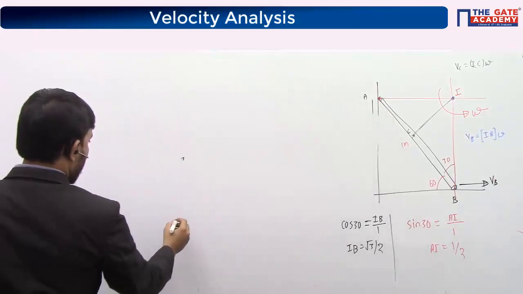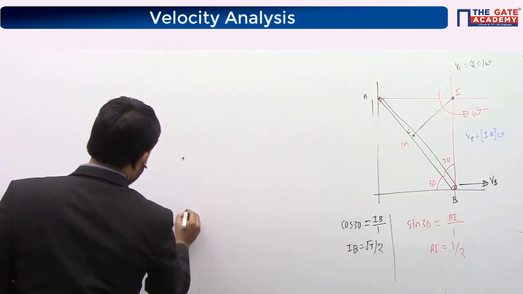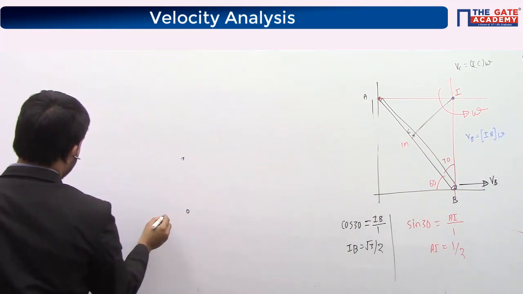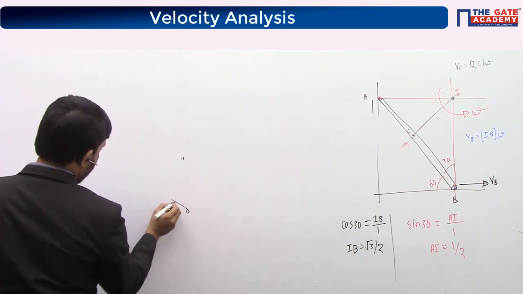So there is a rod. This rod is in general plane motion. It is neither in pure translation nor in pure rotation.